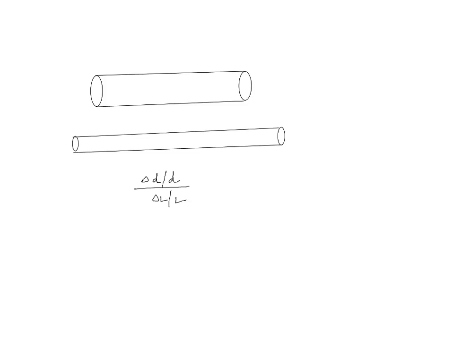If delta L is plus, then delta D has got to be minus, and Poisson's ratio is taken as positive. Delta L and delta D will always have opposite signs, so we have a minus sign here. That's the definition of Poisson's ratio.